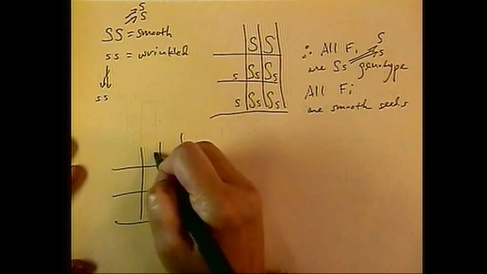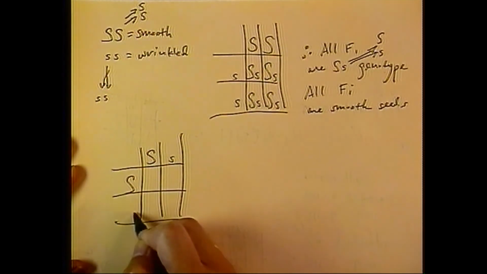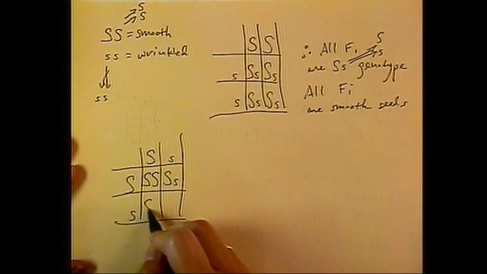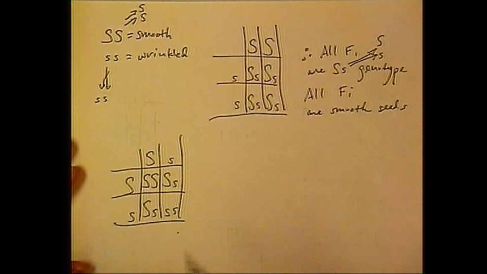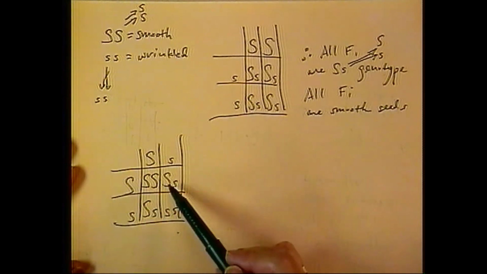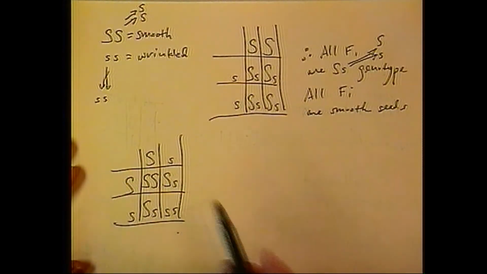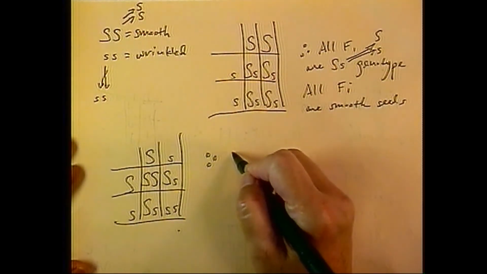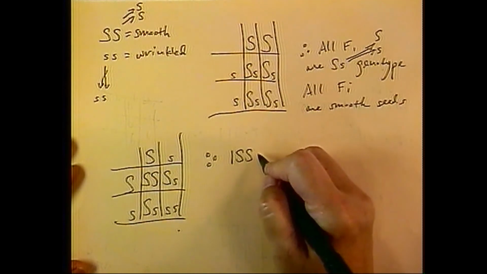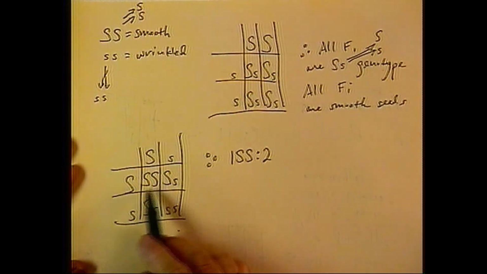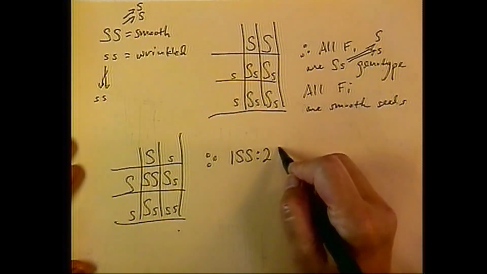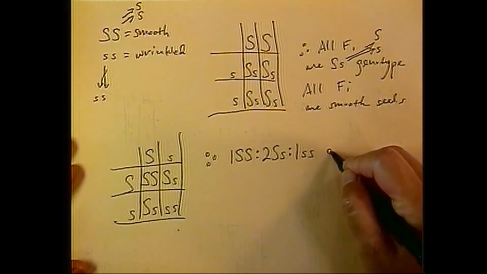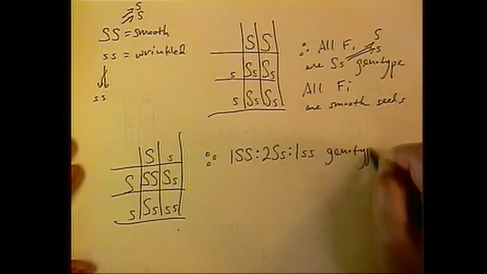Capital, lowercase. And here's one, here's another, and then here's another. Capital, capital, capital, lowercase. Therefore, you have 1 capital S to 2 capital S, lowercase s to 1 lowercase s, and that is your genotypic ratio, the genetic makeup.